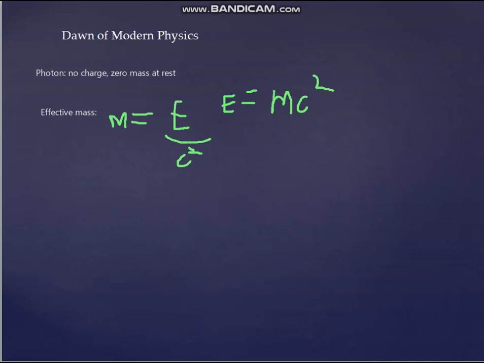Okay, so if we want to write it in terms of mu, mu means frequency. We know that V is equal to f lambda, right?